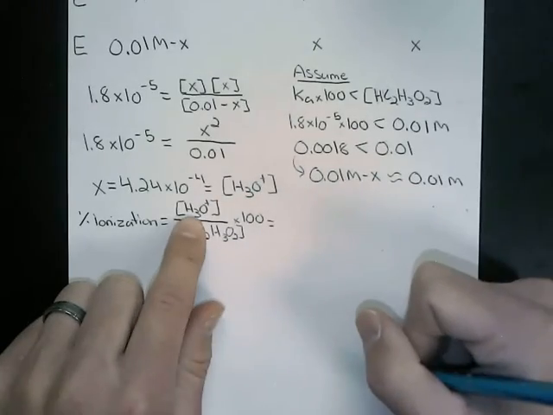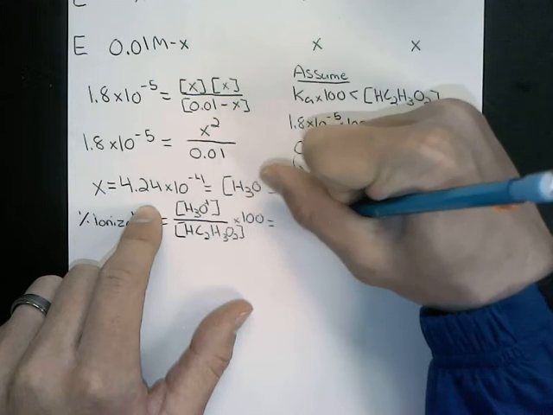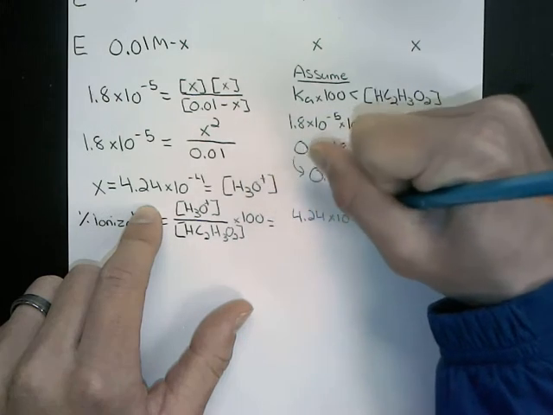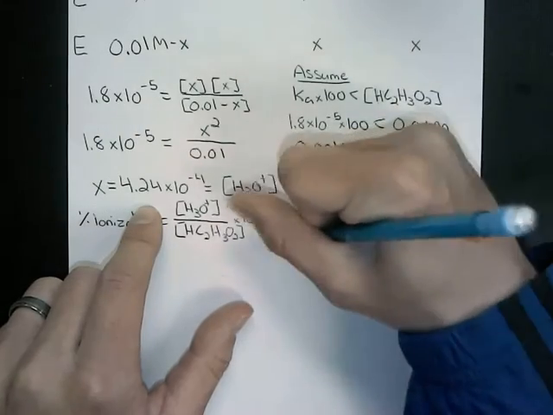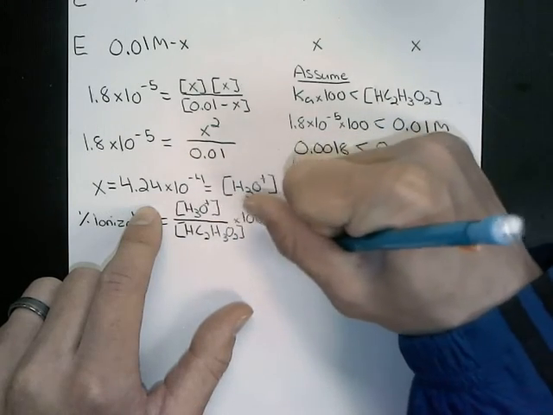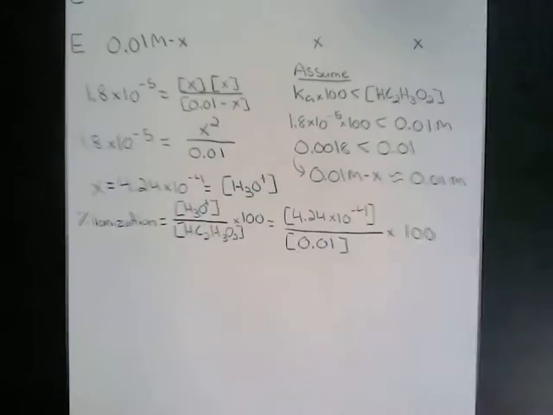So our hydronium ion here was 4.24 times 10 to the negative fourth, all divided by our original acid concentration, which is 0.01 molar, and we multiply that by 100.